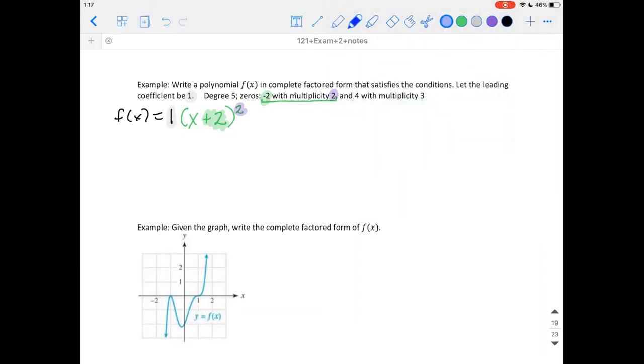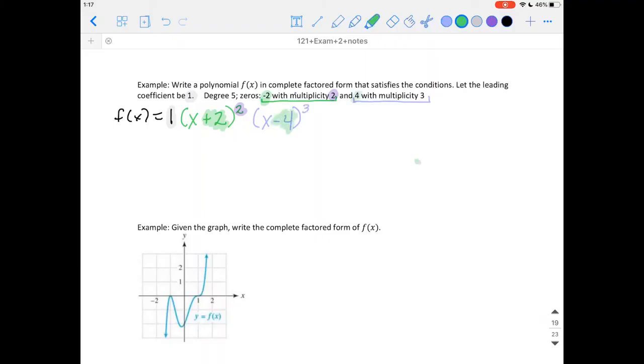And then the next thing that they told us is that the other 0 is 4 with a multiplicity of 3. Okay. So it's going to be x, and it's going to be the opposite of 4, so x minus 4, and a multiplicity of 3.